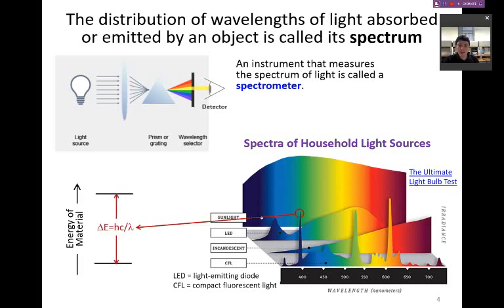And what we see here is that the energy of that light is inversely proportional to the wavelength, directly proportional to the frequency, as we saw in earlier videos. And so by looking at a given spectrum, you can determine the energy of light that's involved there.